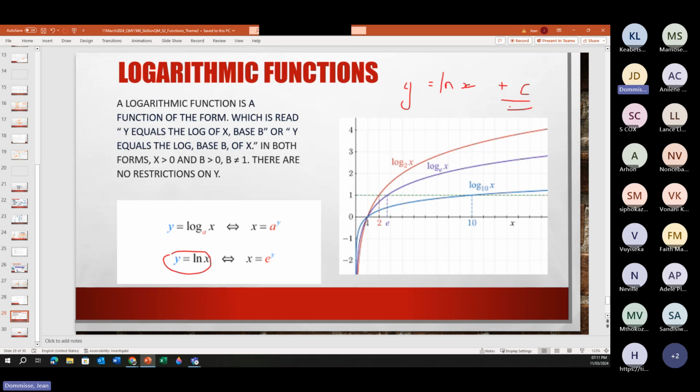But if you Google log functions, you will see that some of them go through the y-axis, and that is because there is a constant added to it. That basically moves the line on that axis. That is the only time that it will actually go through.